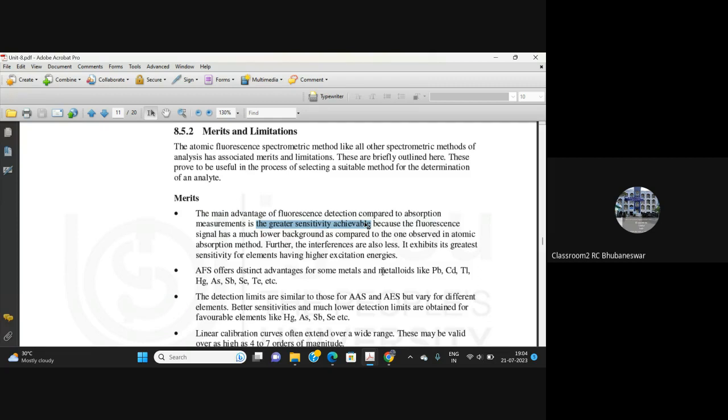As compared to absorption, your emission process, fluorescence detection, is very sensitive. Why? If you remember the absorption process, since it is ratiometric, you don't have to do anything with the intensity of the source.